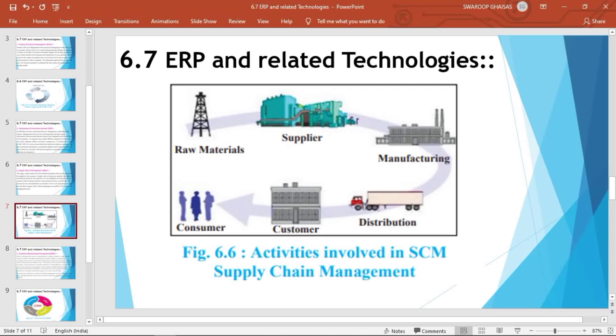Your products are distributed to the different customers, and they sell those products to the consumers. In this way, this is supply chain management, consisting of different activities in a chain manner.